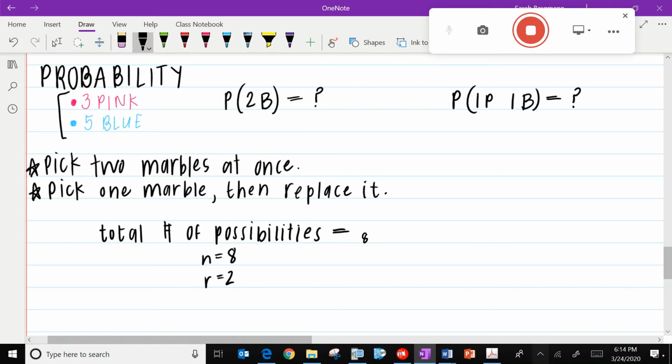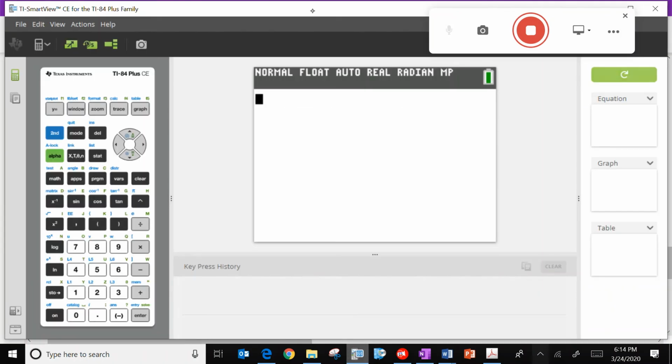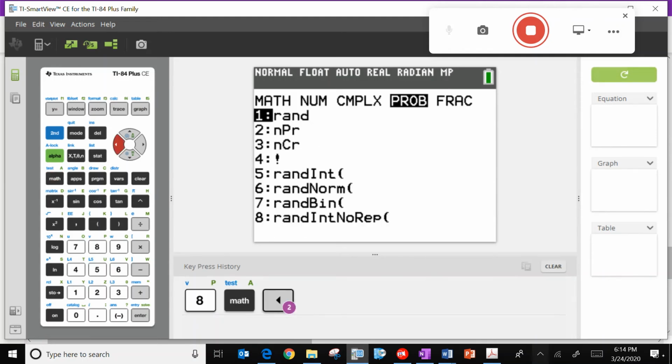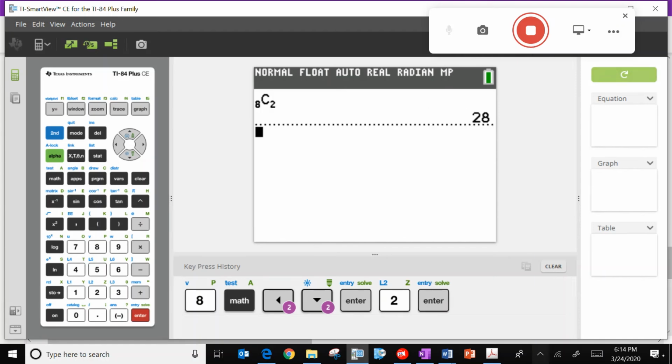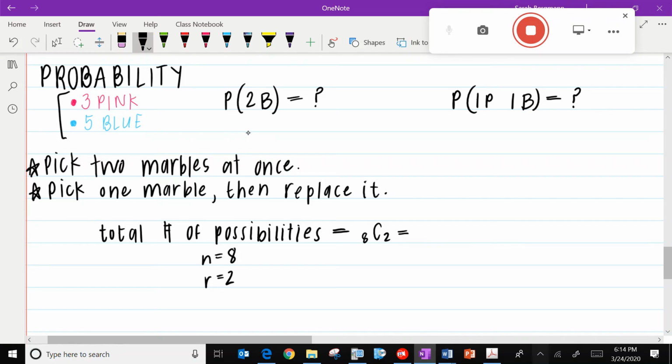So we'll do 8 choose 2 to figure out the total number of possibilities. So go on your calculator, type 8 choose 2. So there are 28 different ways to choose the 2 marbles.